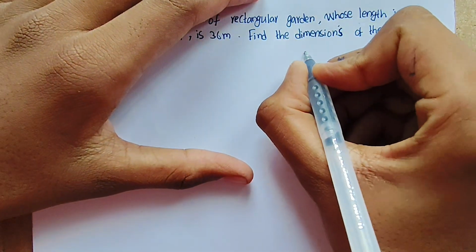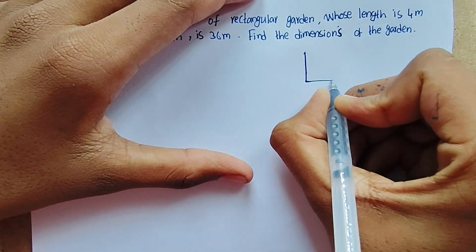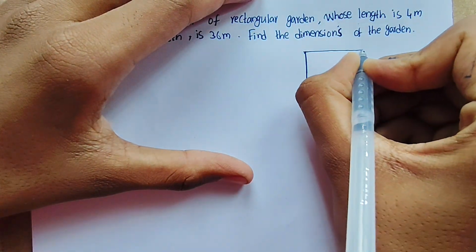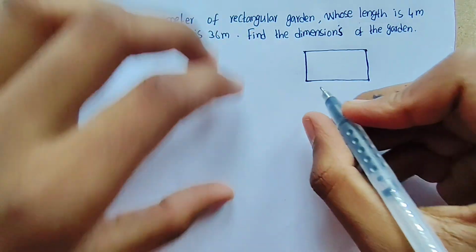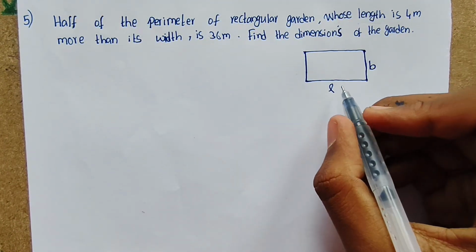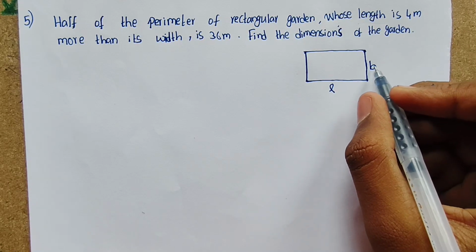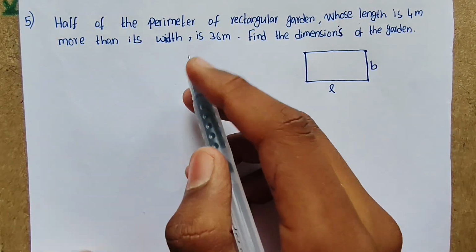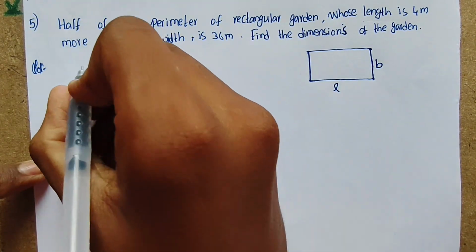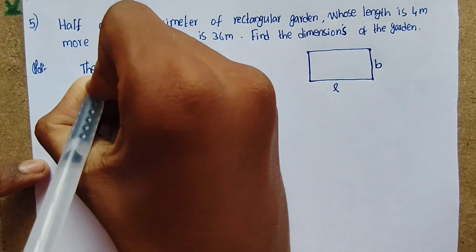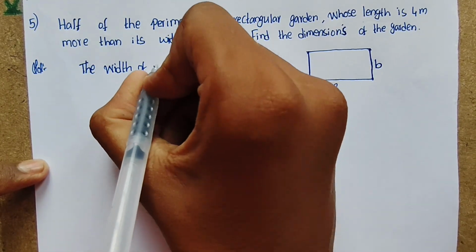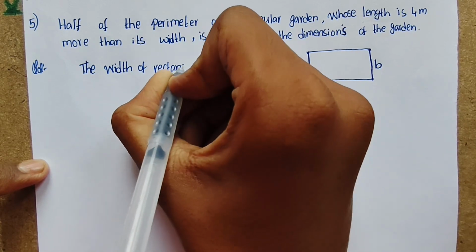So let us draw a rectangle. I am taking this as L and this as B, meaning the length and the breadth. Breadth is also called width.